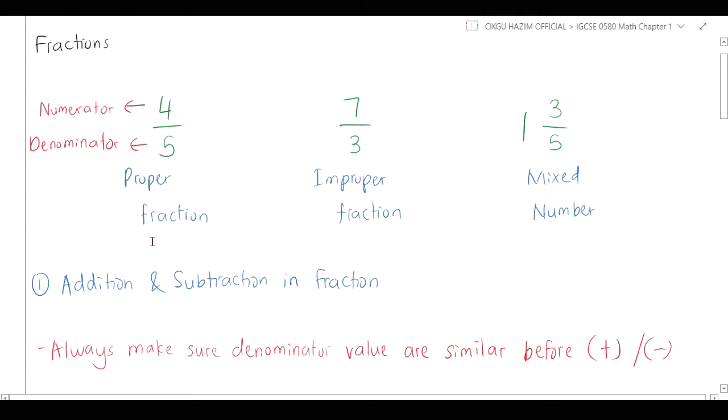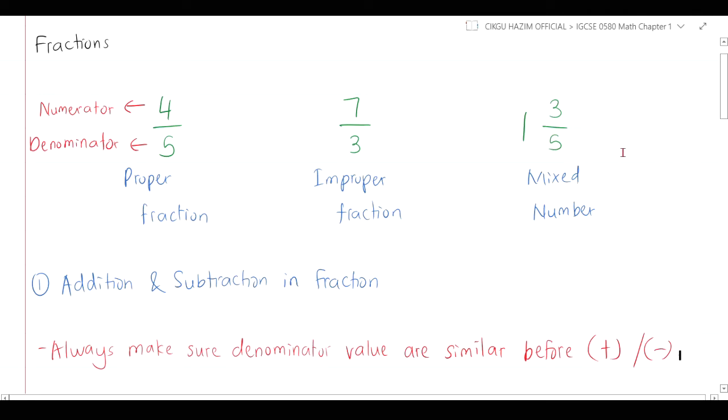Then we have improper fraction, where the number on the numerator is bigger than the denominator. And next we have a mixed number, where we have one whole number, an integer, and one fraction combined together, that's why we call it a mixed number.